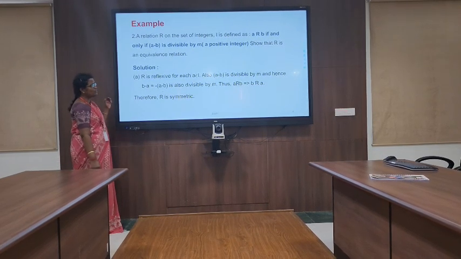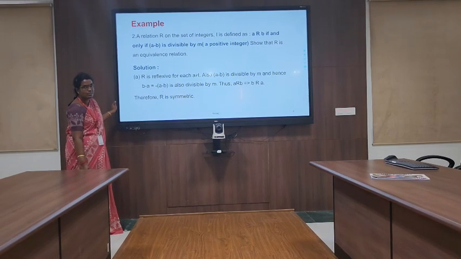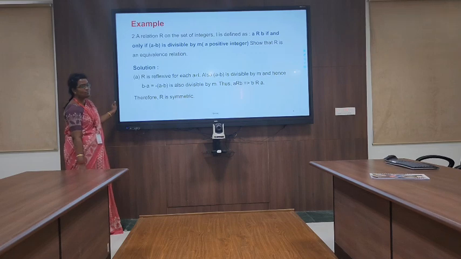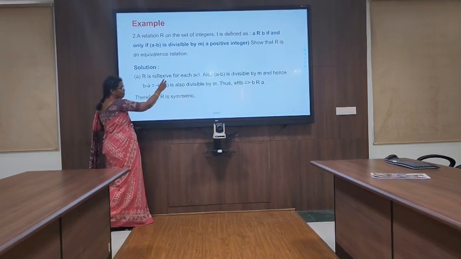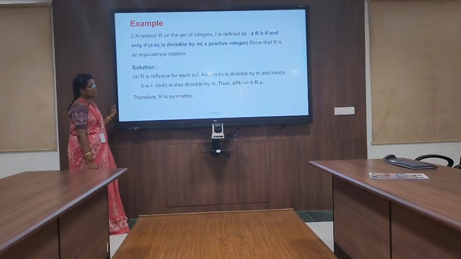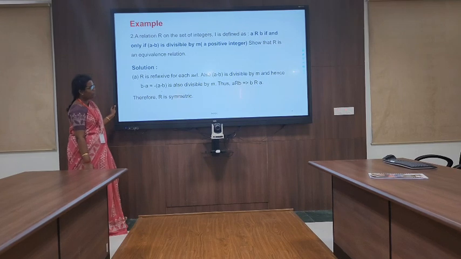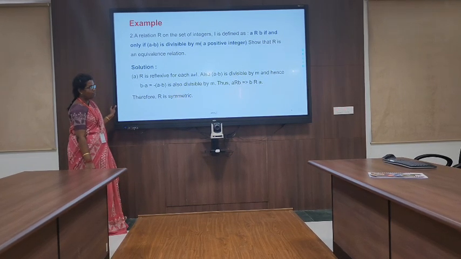So as 0 is divisible by any positive integer m, the element is related with itself according to the given condition. So a is related with a for any element taken from I. This is true for all elements belonging to the set of integers. So hence R satisfies the reflexive property.